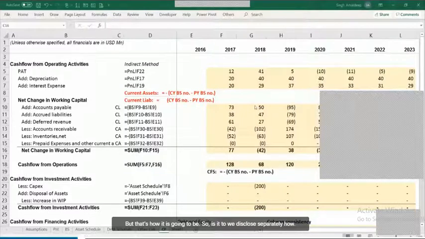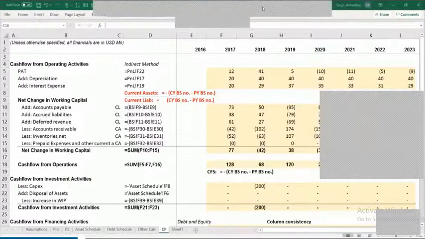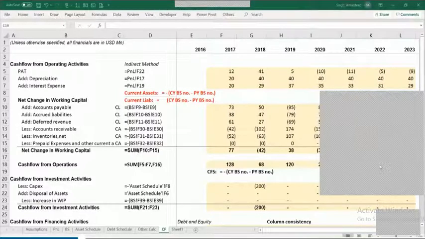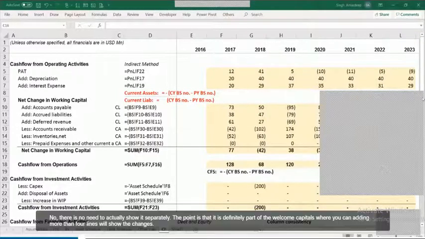So, is it to be disclosed separately? I mean, do all these tax-related things have to be disclosed separately from accounts payable, liabilities, or current assets? No, there's no need to show it separately.